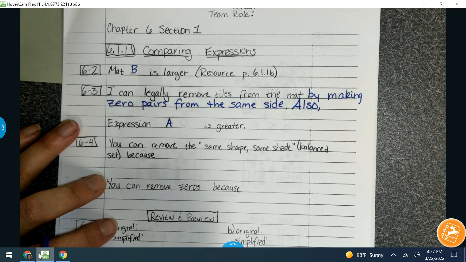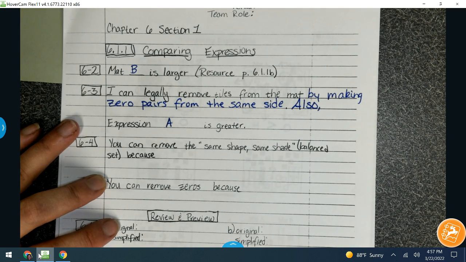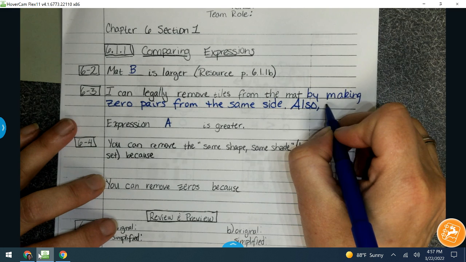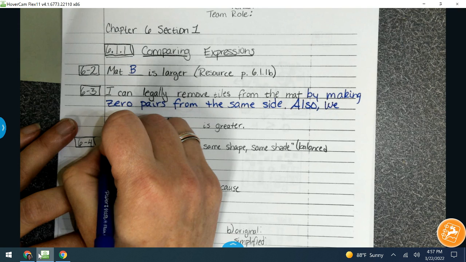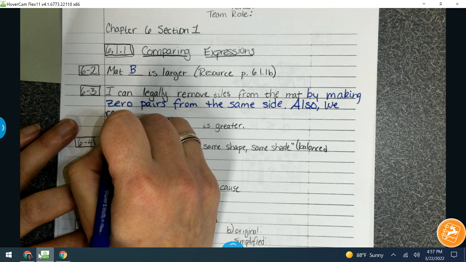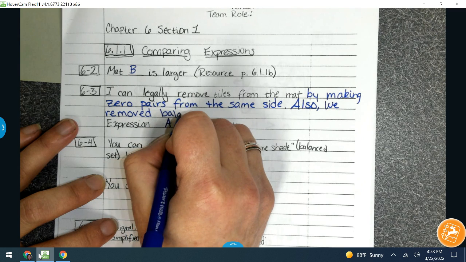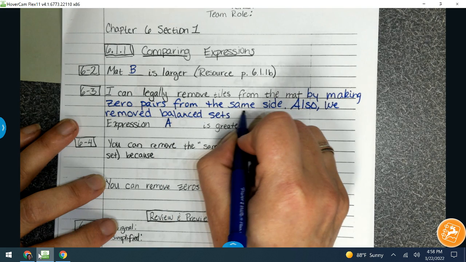We also did a second legal move, and that was removing balanced sets from each side. So we removed balanced sets from both sides.